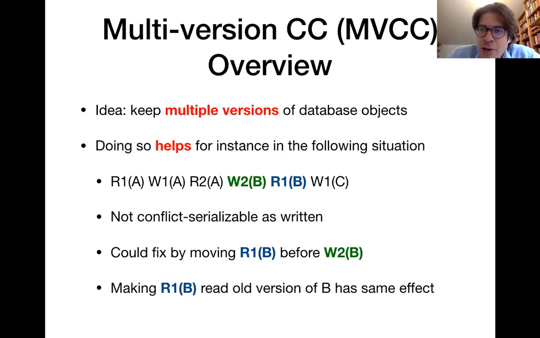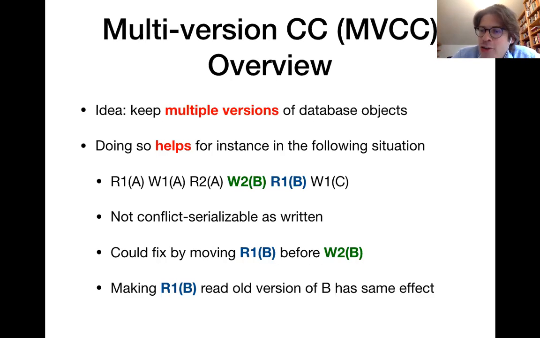In order to essentially get there, what we could do is that when having the read on object B, we just show to the requesting transaction an old version of object B, before the write by the second transaction.